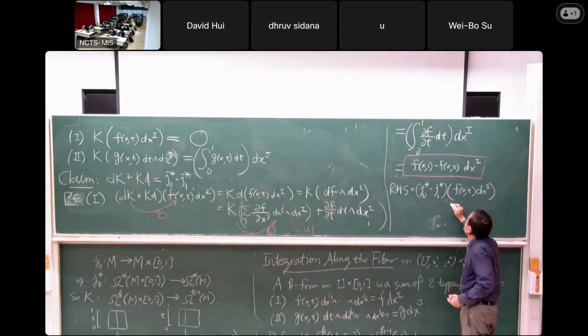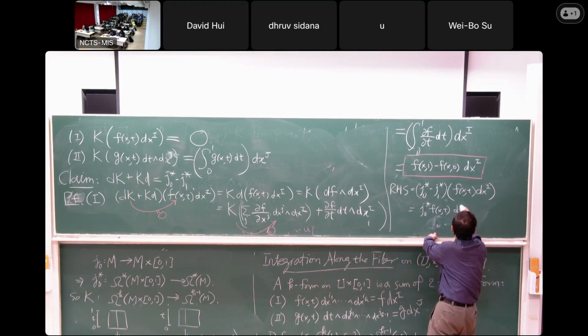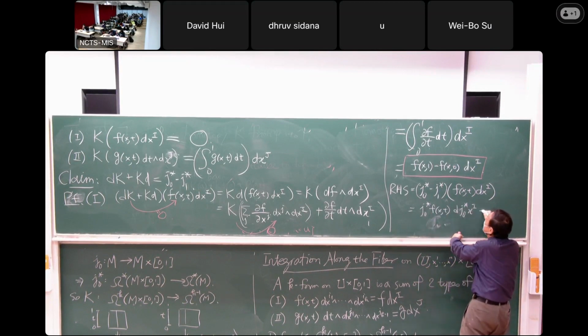And so this is going to be J0 star of f of xt, d J0 star of xi, because star commutes with d, minus J1 star f of xt d J1 star xi.